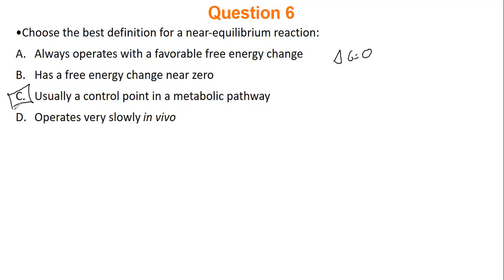For the other folks who answered C, a control point is far from equilibrium. To control metabolism, these are the enzymes where delta G is a big negative number, like in the teens, minus 20, something like that. Near equilibrium enzymes do not control flux.